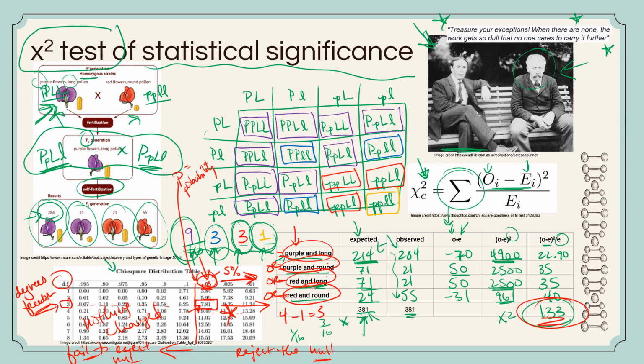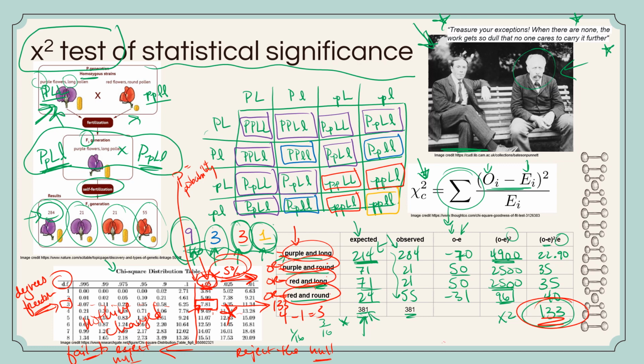Friends, 133 is so much bigger than 7.81, and so therefore our p-value is much less than 5%. We are much less than 0.05. That means that our results are, in fact, statistically significant from the expected. Something happened. What happened? These genes are linked.